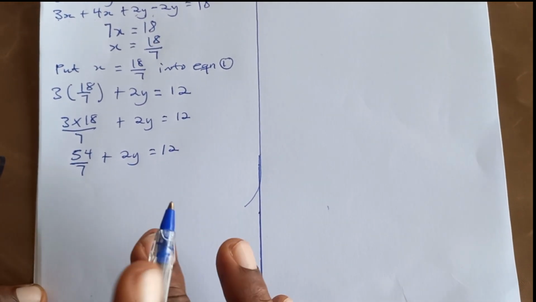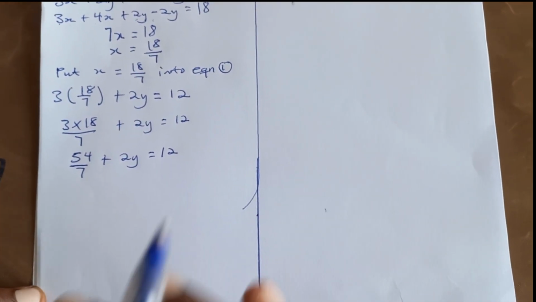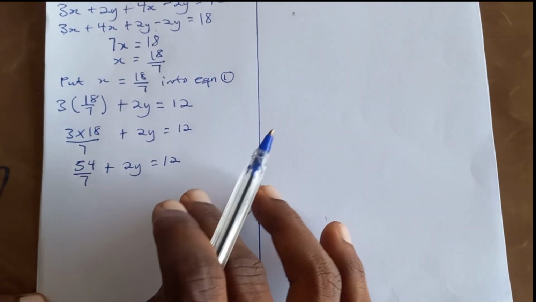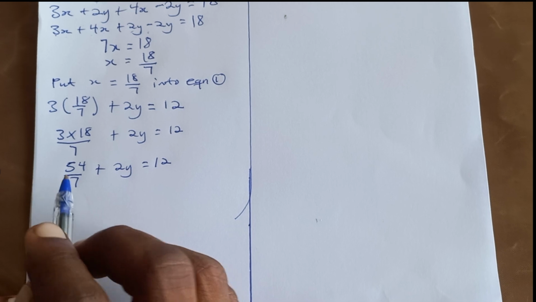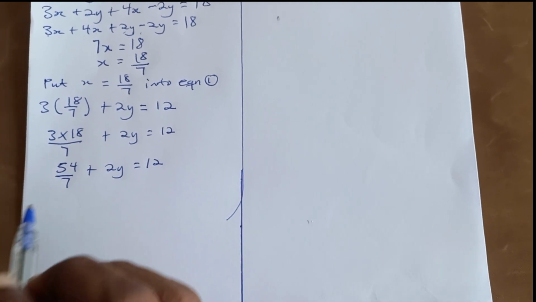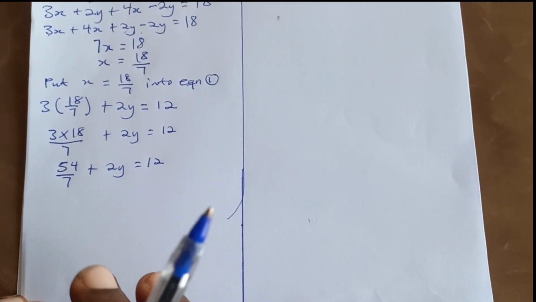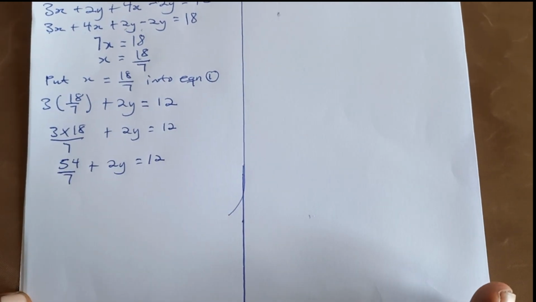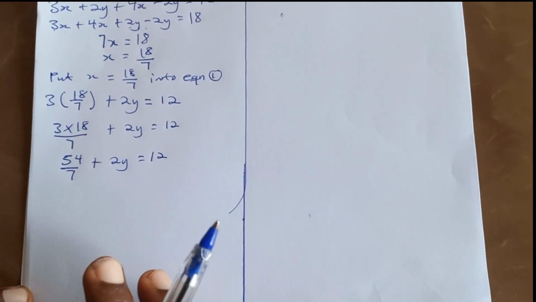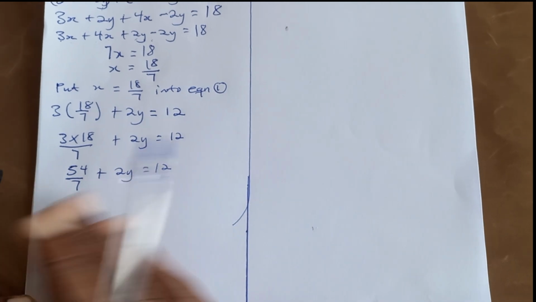Now, as I said, some of us find it difficult to look for LCM in these cases. So what you need to do is just multiply the denominator of the fraction by the whole equation.